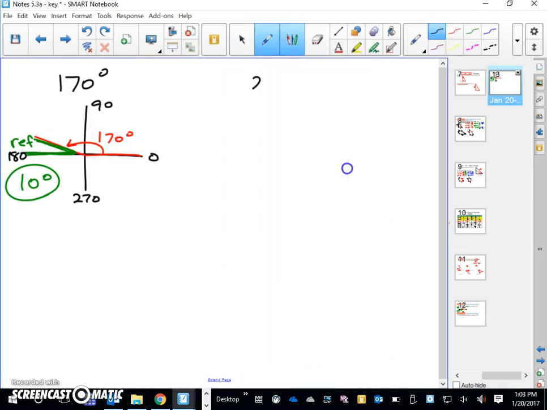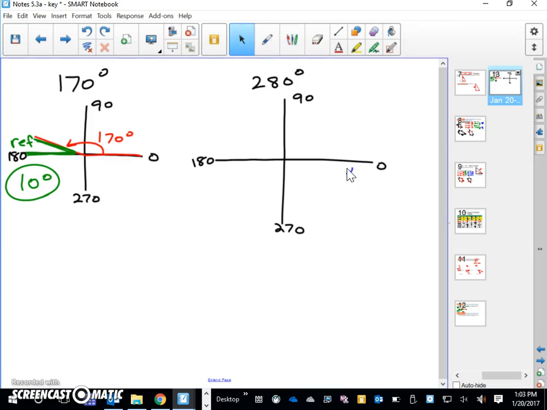So let's try 280 degrees real quick. Same thing, I always start with the quadrantal angles, just so I can identify the quadrant where 280 puts us. Which quadrant are we going to end up in? Fourth quadrant, right? We're just past 270.